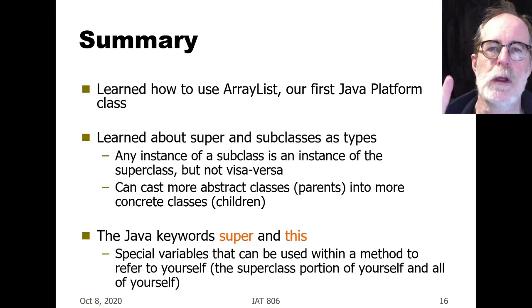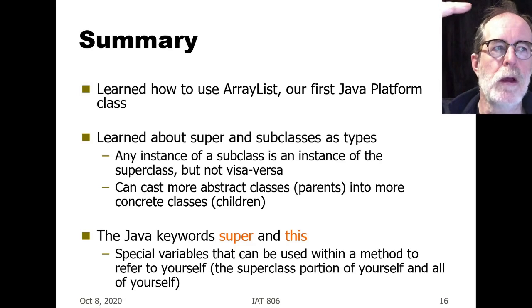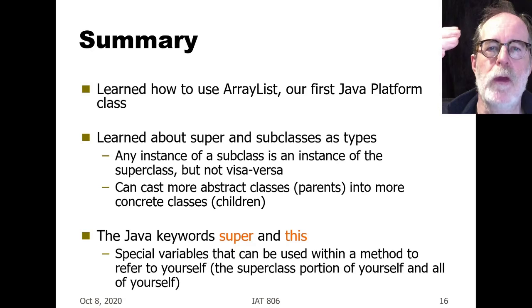Typically, if you want to have access to the way something works, you would use a parent class's method. You can also cast more abstract classes higher up the class hierarchy, like Object, to child classes like Rocket or ArmedRocket, even more detailed or concrete classes.